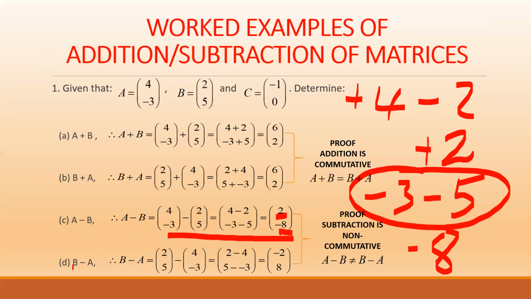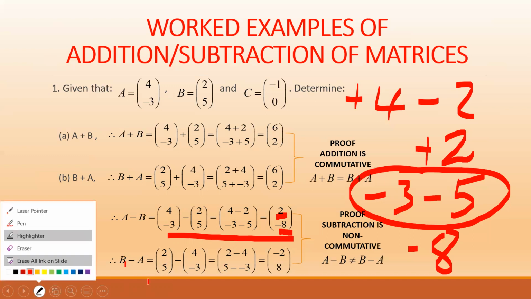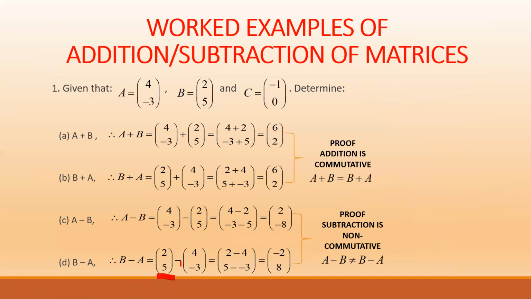So this time we are subtracting B take A. Up here it was A take B, now it is B take A. So how do we set that out, guys? B take A equal to, we insert matrix B, guys, subtract with our subtraction sign from the question, which is B take A, and then we put our A over here.